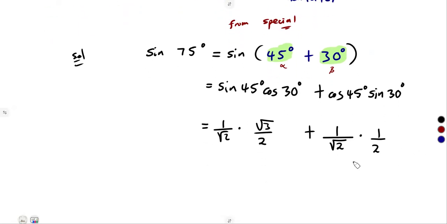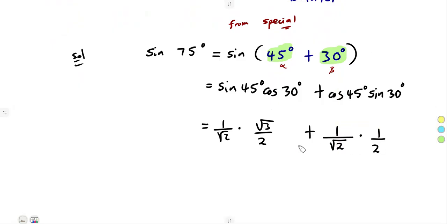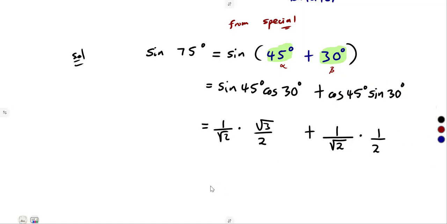We can see something about the denominators. The denominators here are actually the same. So we can maintain that part of our denominator. We can rationalize our denominator, it's up to you. You can simplify as it is here, meaning it was going to be 1 times square root of 3, which is the square root of 3 over 2 times square root of 2, plus 1 times 1, which is 1 over square root of 2 times 2, which is 2 square root of 2.